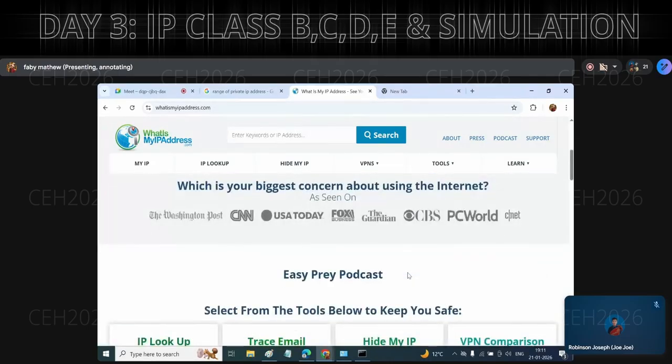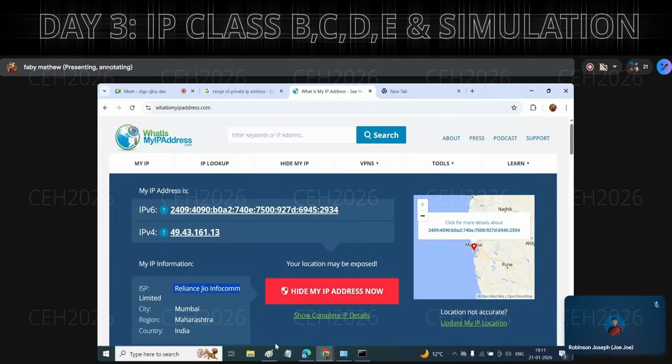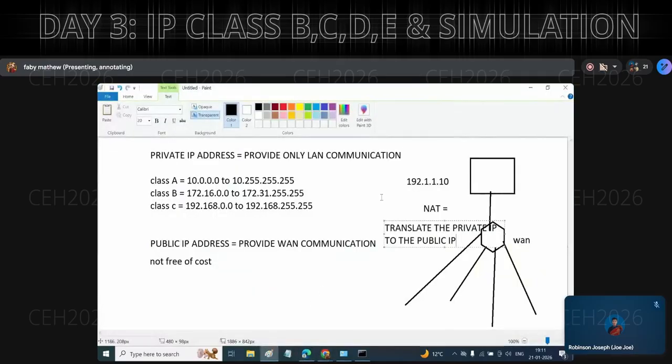Yes, sir. So that is the technique used by an ISP. That's why in each and every machine it shows a range of private IP addresses behind that.